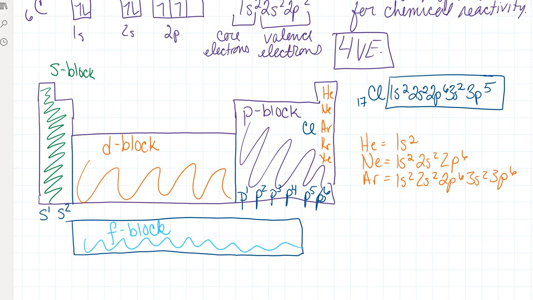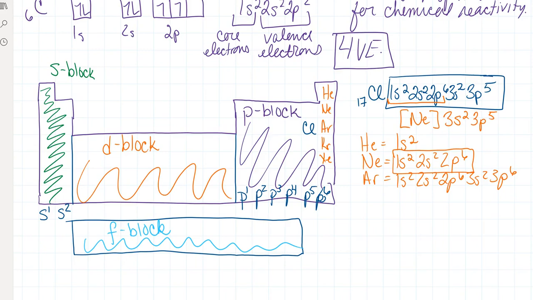Anytime we can replace a portion of this, we can shorten up our electron configuration a little bit by substituting in the core electrons for a noble gas. So in this case, I could also write the electron configuration for chlorine as neon, because it's the core, with the valence of 3s2, 3p5.